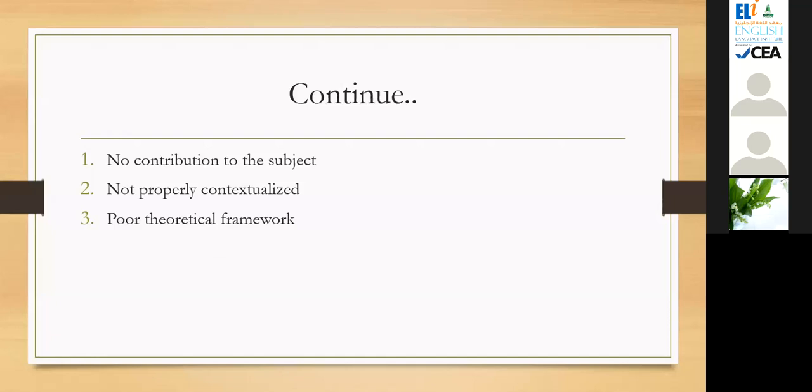Maybe you do have a poor theoretical framework. Most of the ISI journals require a strong theoretical framework for your research. So this actually gives higher chances for your work to get published, if you do have a very thorough and strong theoretical framework.